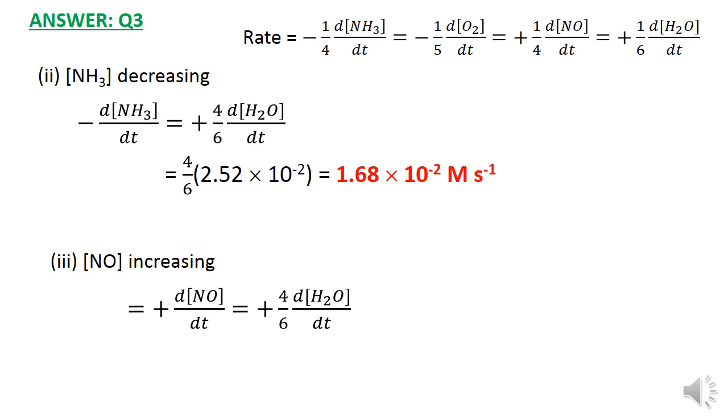Since the rate for the increasing of H2O is 2.52 times 10 to the power minus 2, we multiply by 4 over 6, then we get the rate 1.68 times 10 to the power minus 2 molar per second for the increasing of nitrogen monoxide.